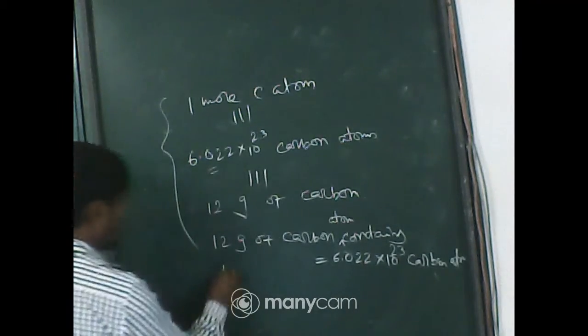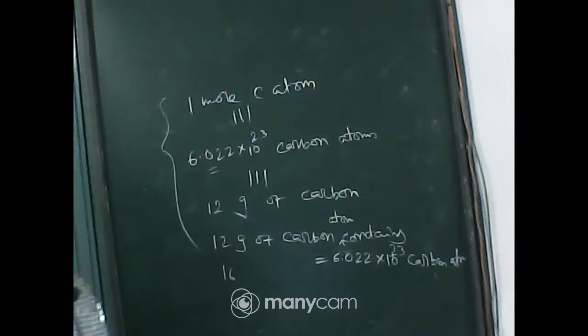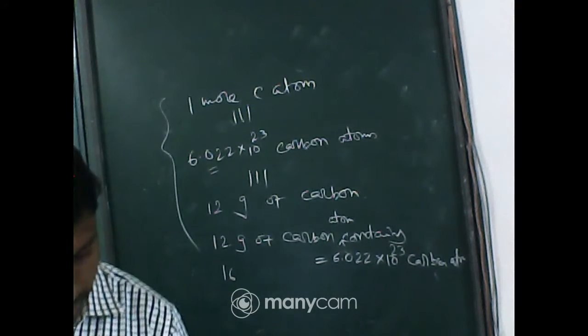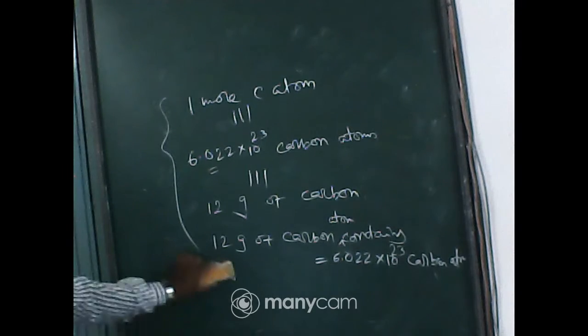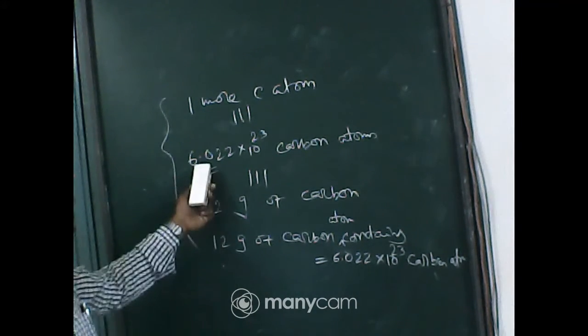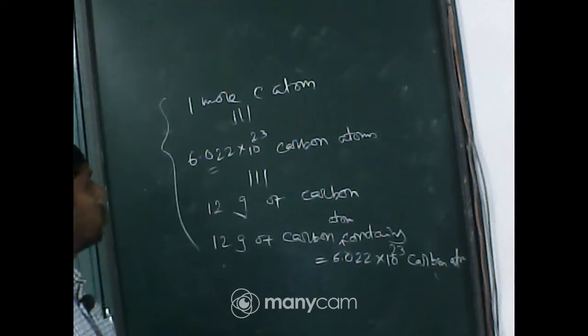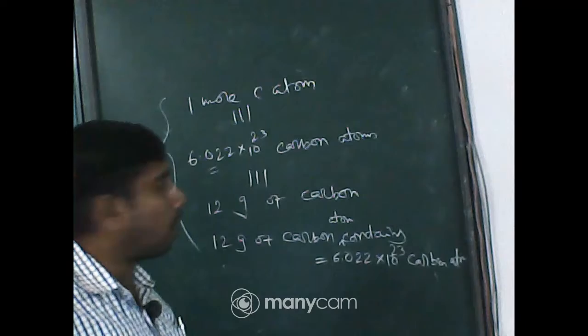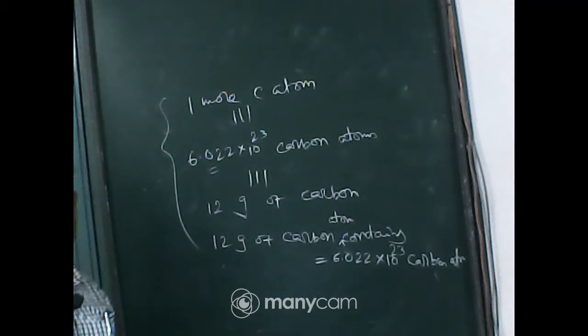In the same way, let us come to more examples. Next, 1 mole of hydrogen atoms. So 1 mole of hydrogen atoms also contains 6.022 × 10^23 hydrogen atoms, and it is equal to 1 gram of hydrogen, because it is with respect to hydrogen atoms, not molecules.